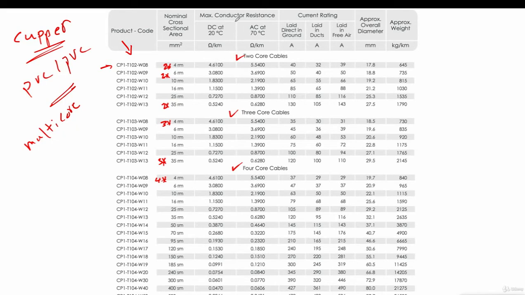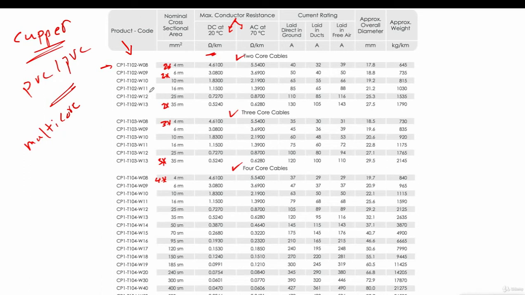These 2 columns are for resistance, and the resistance is of 2 types: resistance at DC current at 20 Celsius degree, and here the resistance for AC current at 70 Celsius degree, and the resistance is in ohm per kilometer. What does it mean?